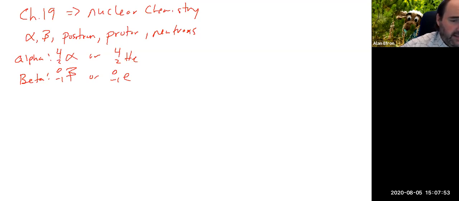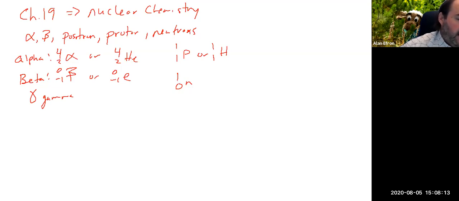We also had our gamma symbol. Other ones: protons, either a P or an H is used for a proton. We also saw our neutron.